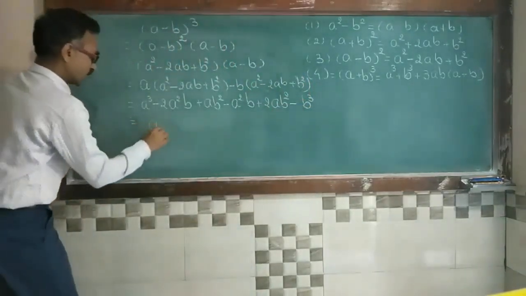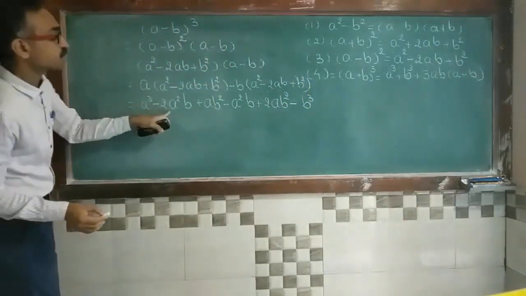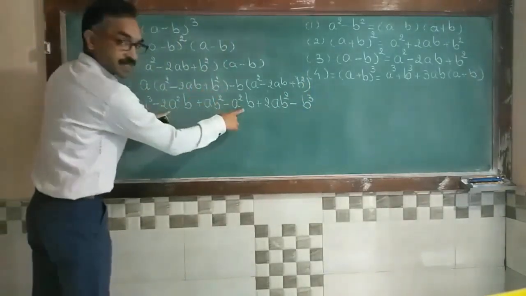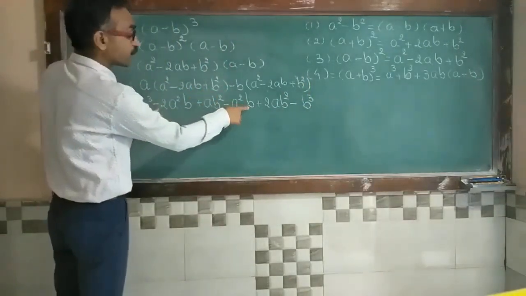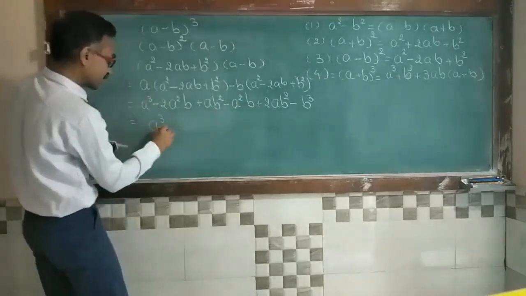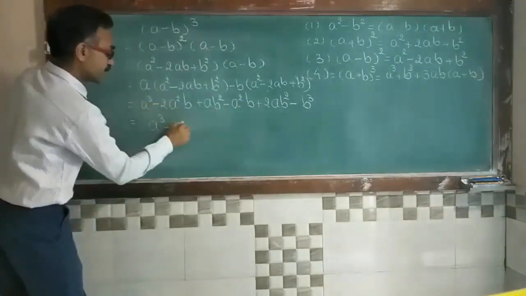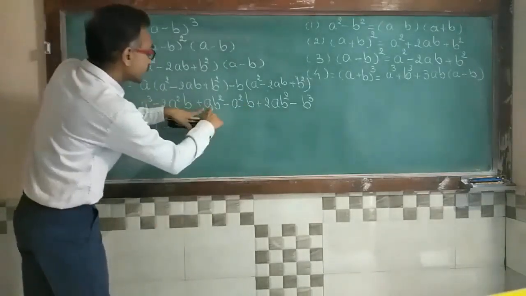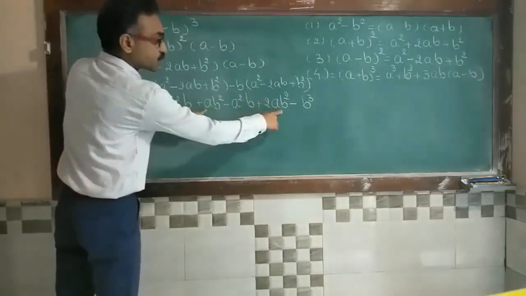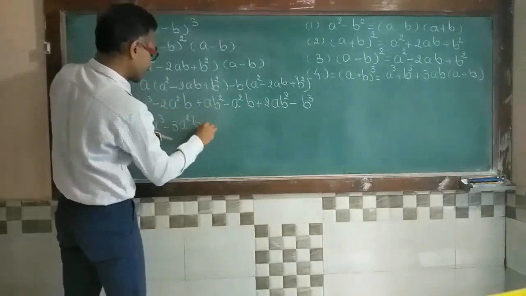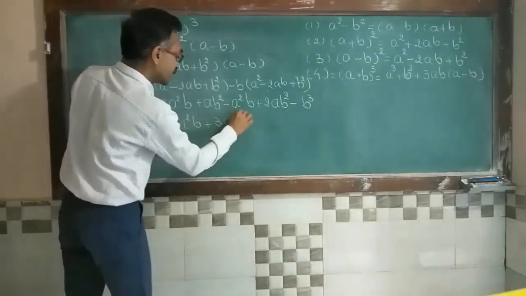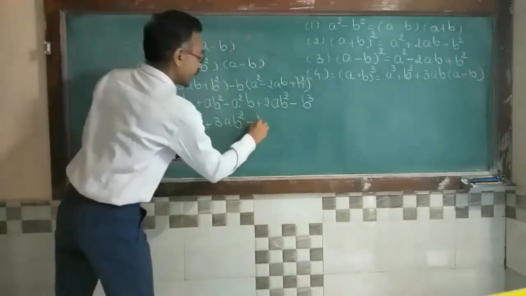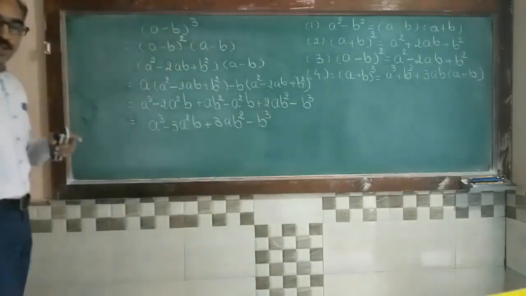Okay, so a cube minus 2a square b and minus a square b. So minus 2 and minus 1 means minus 3a square b. Now next, ab square and plus 2ab square, 2 plus 1 means 3ab square, and minus b cube.